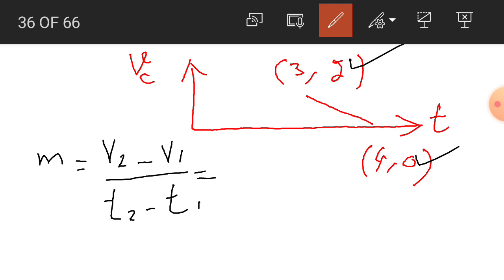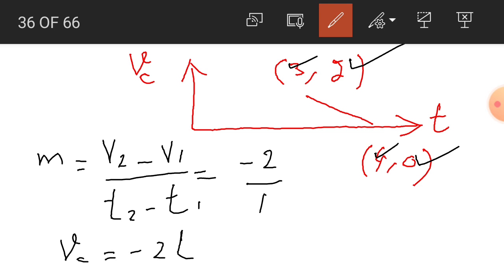So we have 0 minus 2, which is minus 2 volt. And t2 is 4 seconds and t1 is 3 seconds. So 4 minus 3 is 1. And the slope of this line is minus 2. So the equation of this line will be minus 2t plus c.